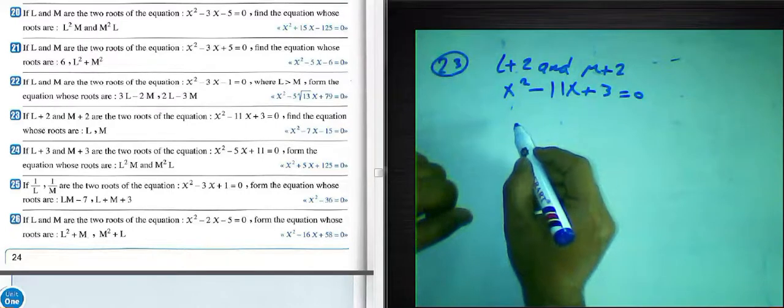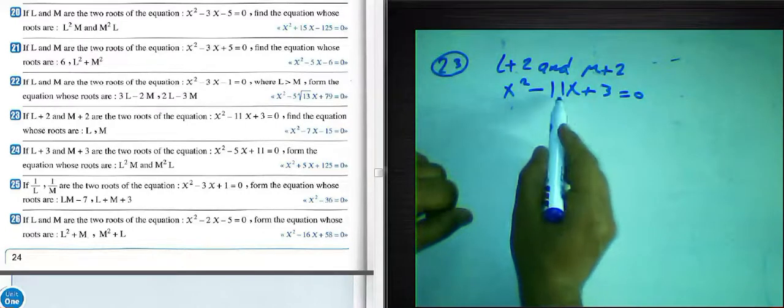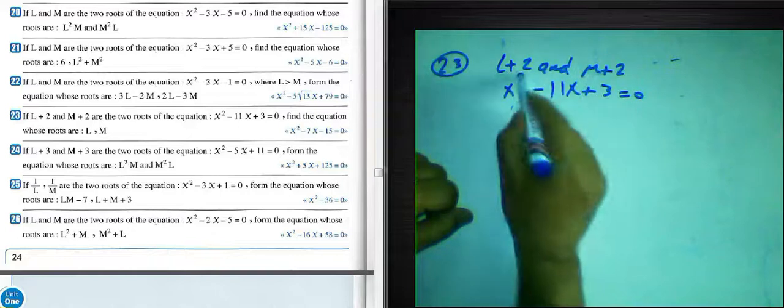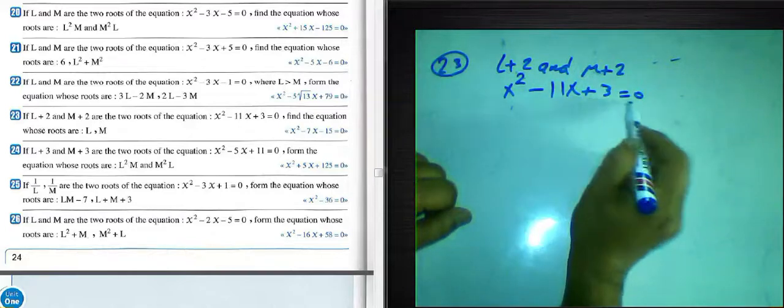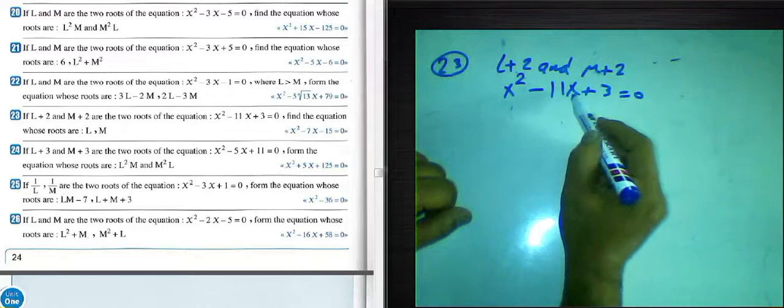Find the equation whose roots are L and M.